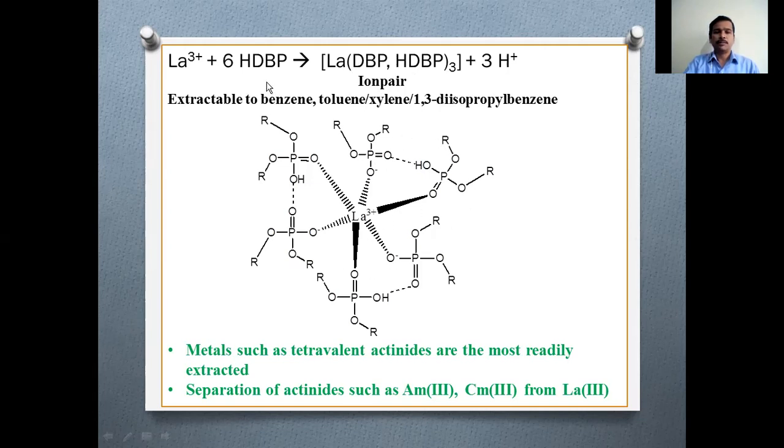Therefore, HDBP or HDEHP are also two important reagents for the extraction of cations, where the cation exchange process is possible, and the cation of the reagent will be exchanged by the cation of the sample. Therefore, an ion association complex is formed by the coordination, by the contribution by this reagent, and hence the ion association complex can be extracted.